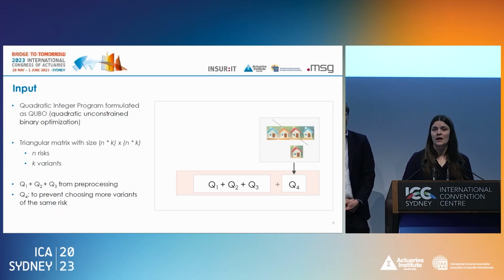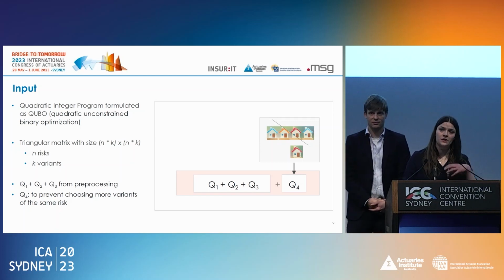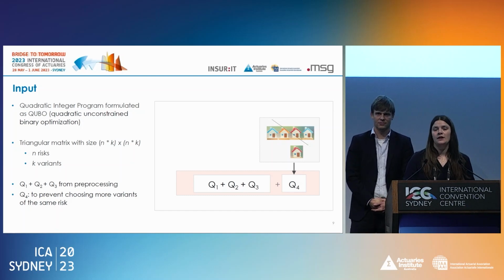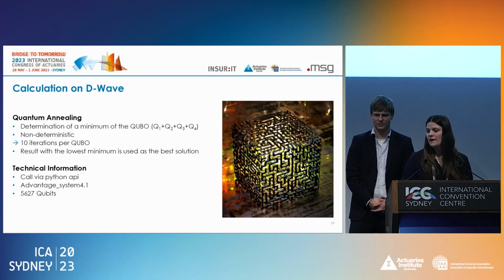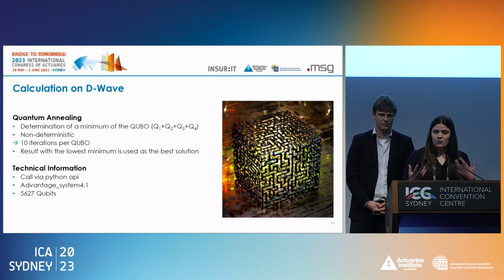So for this reason, we add an additional QBO, the Q4, and there is just this constraint modeled to prevent that from happening, or more precisely, to make it very unlikely to happen. So then we have a big QBO from summing up Q1 to 4, and we send this to the quantum annealer. And on the quantum annealer, the minimum is calculated.